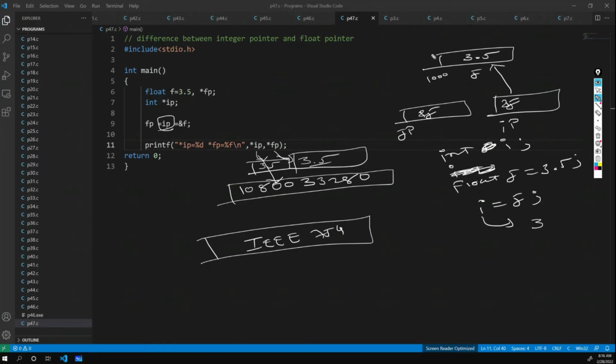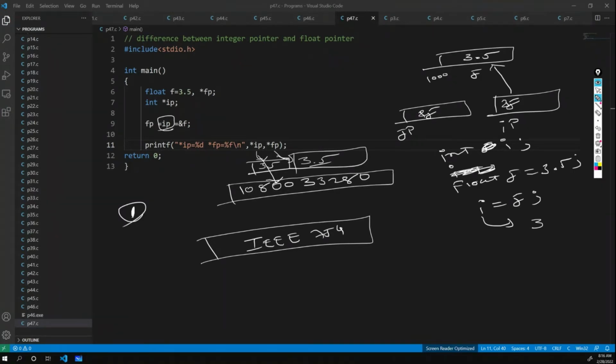But here we are accessing the address directly, so we access that binary format data in the format of an integer. It gives whatever value is available, this much bigger value, because the last bit will be the sign bit.